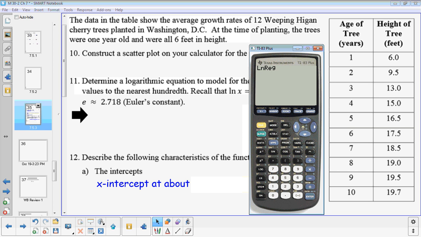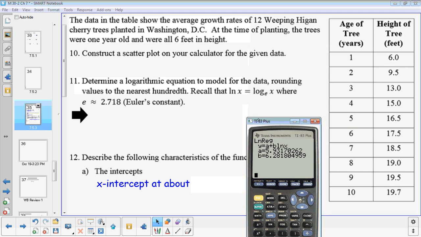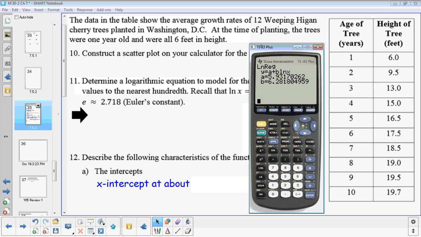And I want to store this in y1. So there are the values I get. I want how many decimal places? 100th, so 2 decimal places. 5.93 and 6.28.